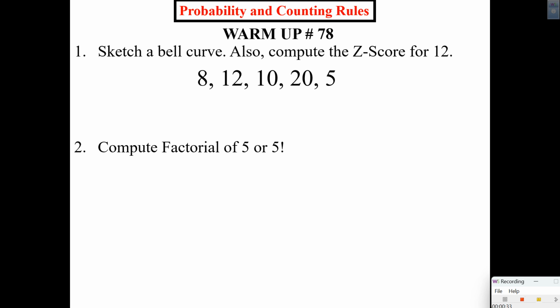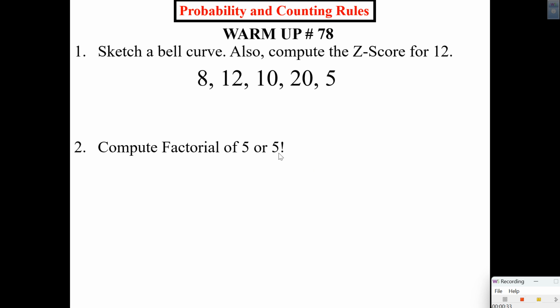Number 2 from the warm-up. The rest of you finish turning in number 1. Compute factorial of 5, or 5 factorial. So factorial means this. Look up, please.